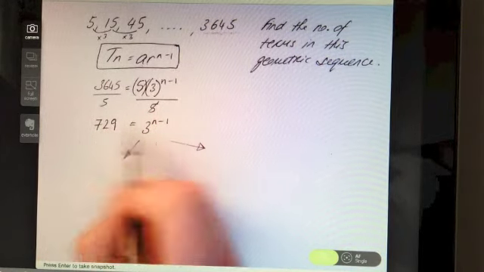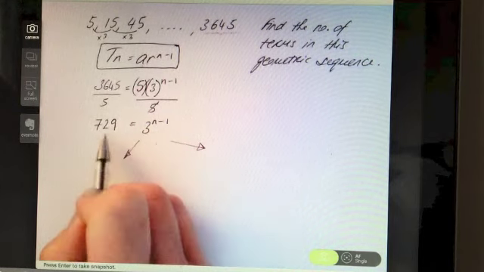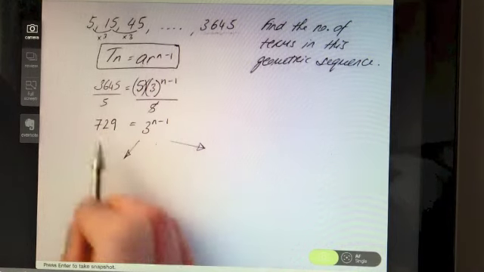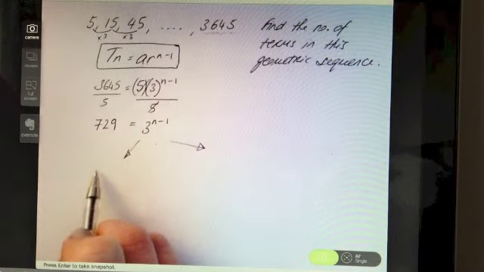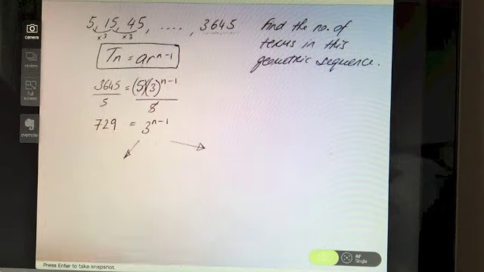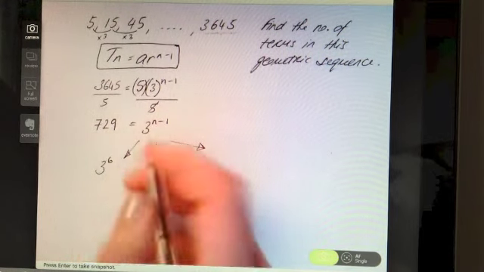Okay, now your only 2 methods for solving for a power from your junior cert way would be to get the left hand side looking like the right hand side. In other words, if you've got a power of 3 on the right hand side, you want to get 729 written as a power of 3. If you do a little bit of trial and improvement on your calculator, you will figure out that 3 to the power of 6 is equivalent to 729.